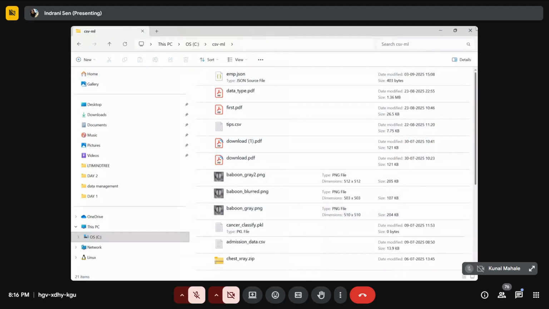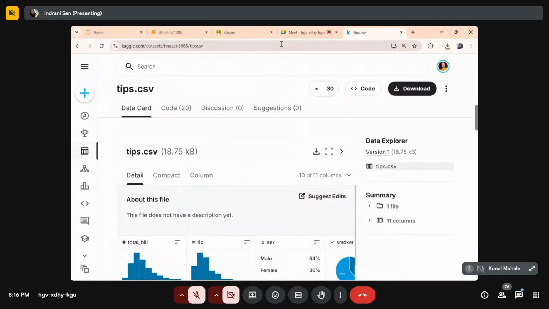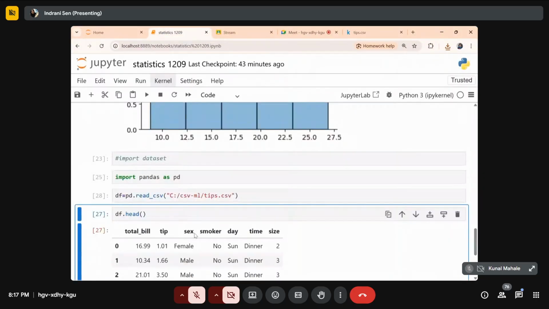Copy the file here. Create a folder called data and copy the file over there. And then give the reference of this over here. 5 minutes, do that.